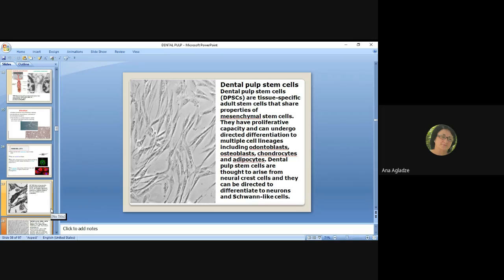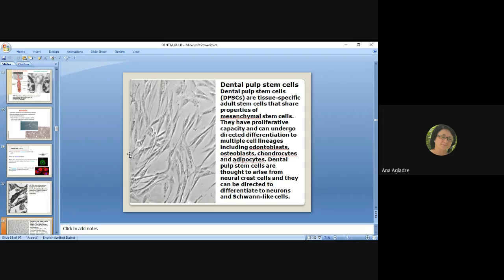These are abundant undifferentiated mesenchymal cells. You can see this is the tissue culture, mesenchymal cells, and they are present in pulp primarily in the cell-rich zone, subodontoblastic zone, and in the vicinity of blood vessels.